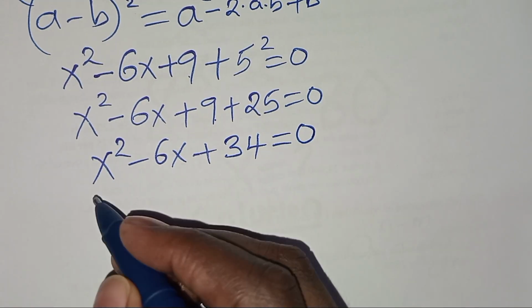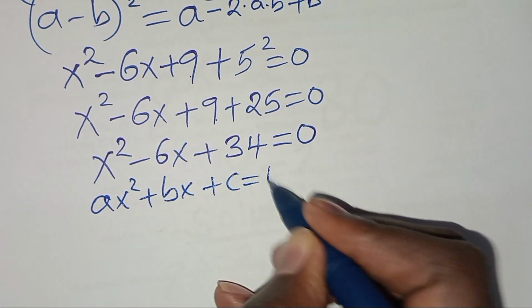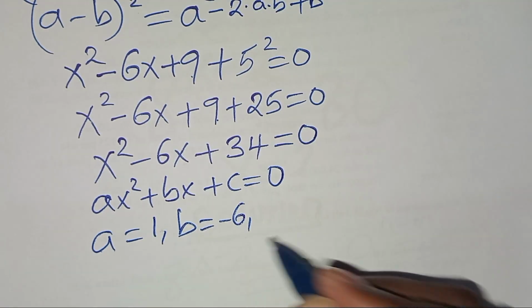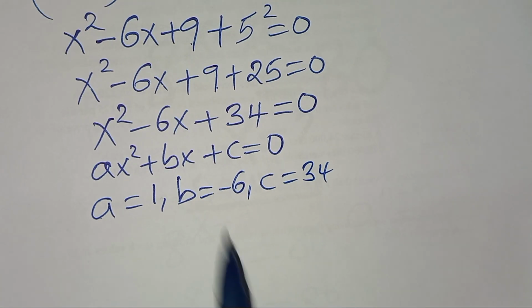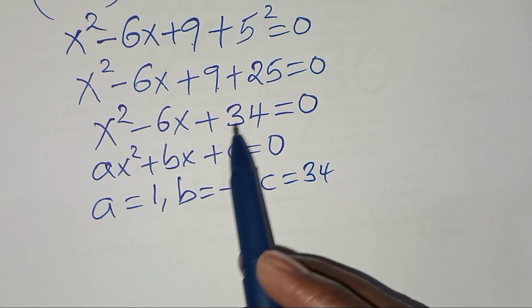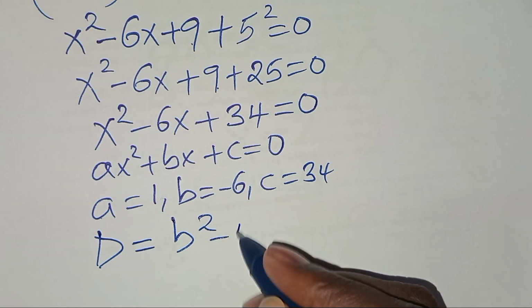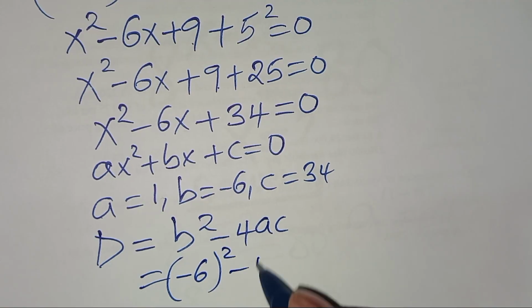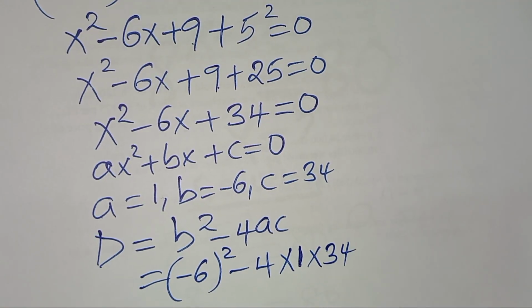Now this is a quadratic equation in the form ax^2 + bx + c = 0, with a equal to 1, b equal to −6, and c equal to 34. Now let's assess the nature of this quadratic equation by determining the discriminant, which is b^2 − 4ac. Substituting, we have (−6)^2 − 4 times 1 times 34.